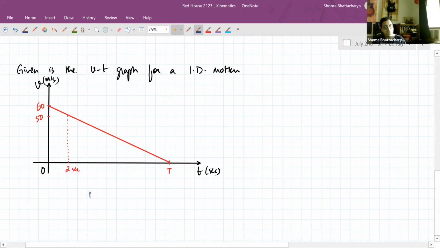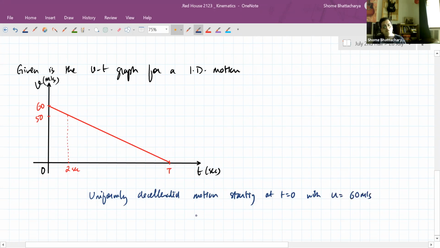So this is a uniformly decelerated motion, starting at t equal to 0 with u equal to 60 meters per second, until it stops at t equal to capital T.